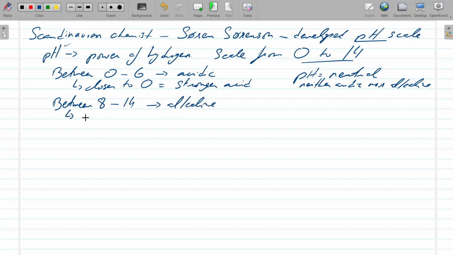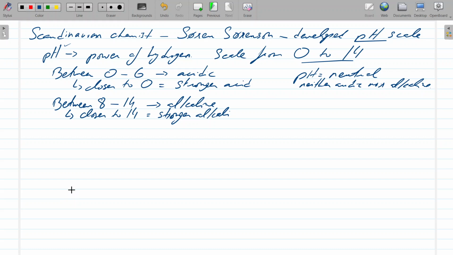And the closer it is to 14, the stronger the alkali. All right?